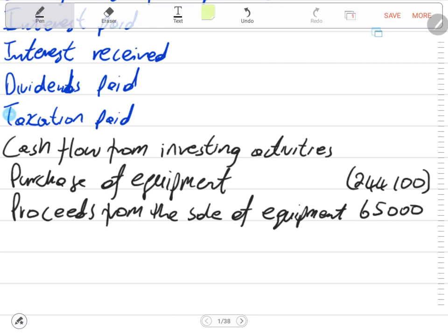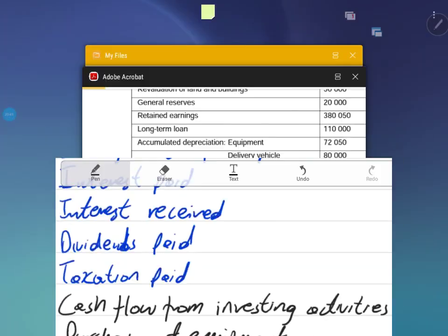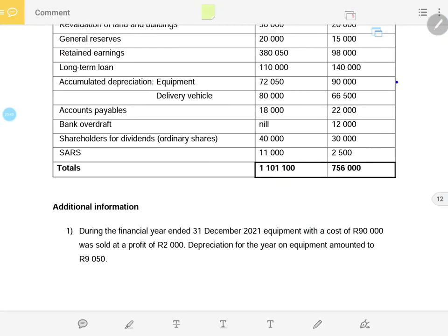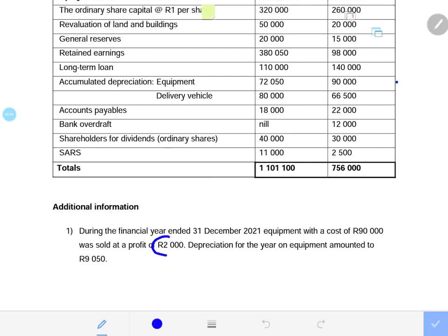In this case, we sold the equipment at a selling price of 65,000 rands and we received money. And I want to emphasize this, which I will explain in the next recording. I think it's in question 4 that I'll be recording. The 2,000 rands is not cash.